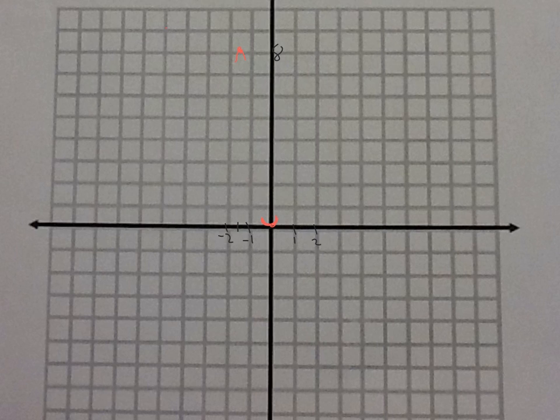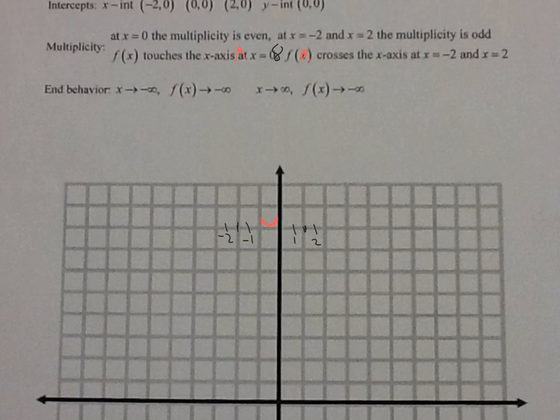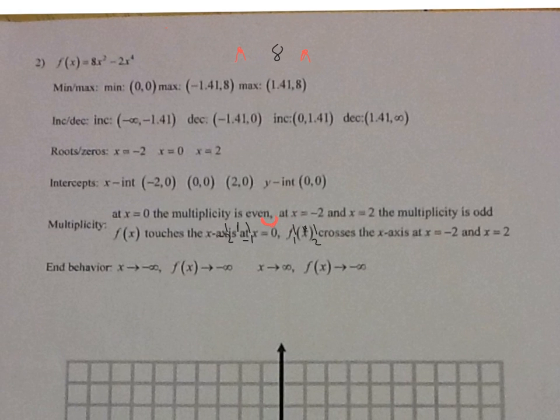And at 1.41, so it's going to be over here, comma 8. So put it right about there. And that's also going to be coming down. All right, so now I also have my roots at negative 2, 0, and 2. So let's mark those on the graph.